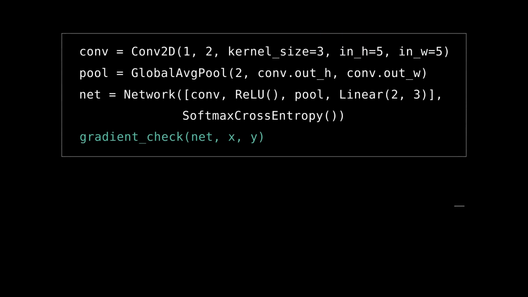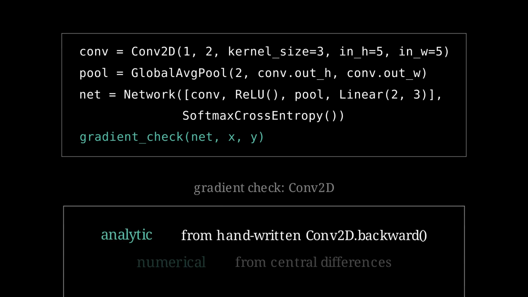One thing left, and it is the promise this series keeps every single episode. We do not trust a gradient we have not checked. We already built the checker back in episode 2, so we just aim it at the new layer. Build a real network, a conv2d, ReLU, a global average pool, and a linear head, and run gradient check on it.